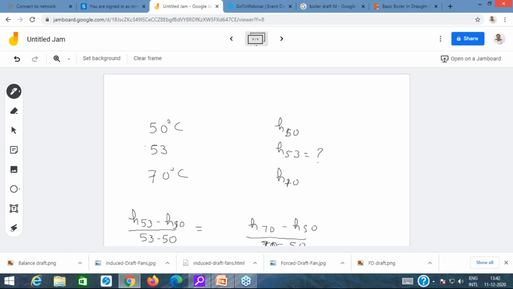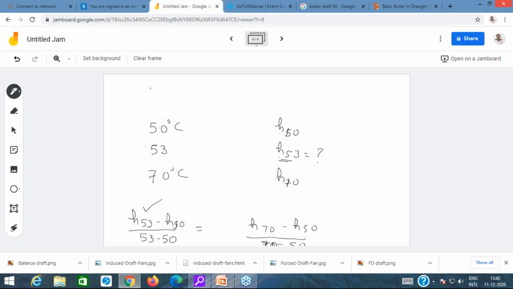Have you understood this, Sharvari? See, I want this value which is in between, so what I do is that I interpolate it. H53 minus H50 upon 53 minus 50 is equal to H70 minus H50 upon 70 minus 50. This way you will get the unknown H53.